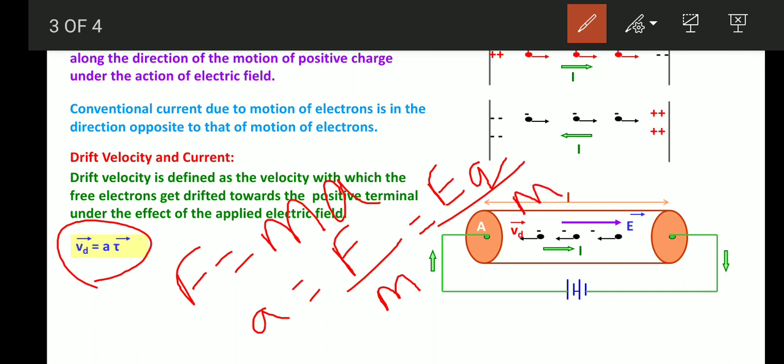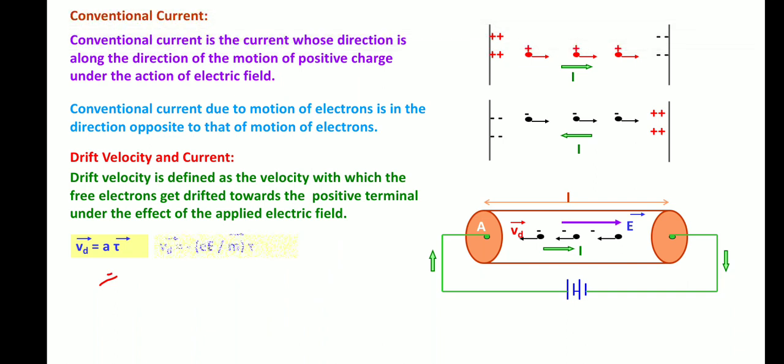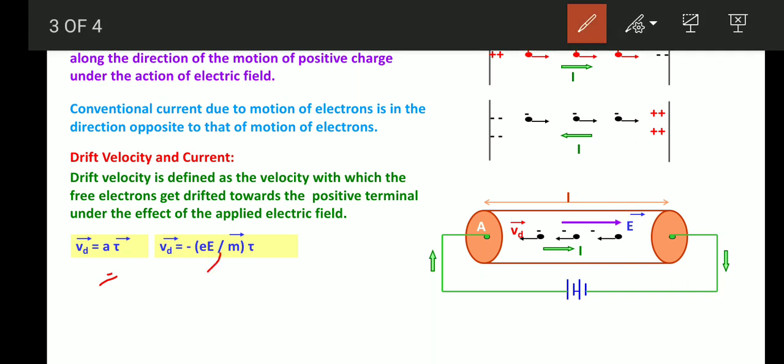Let me substitute the value of a in this equation. Small e represents the electron charge. Q is simply charge, which may be positive or negative, but in this case it is negative. That is why there is a negative sign: minus eE divided by m, where m is the mass of the electron.